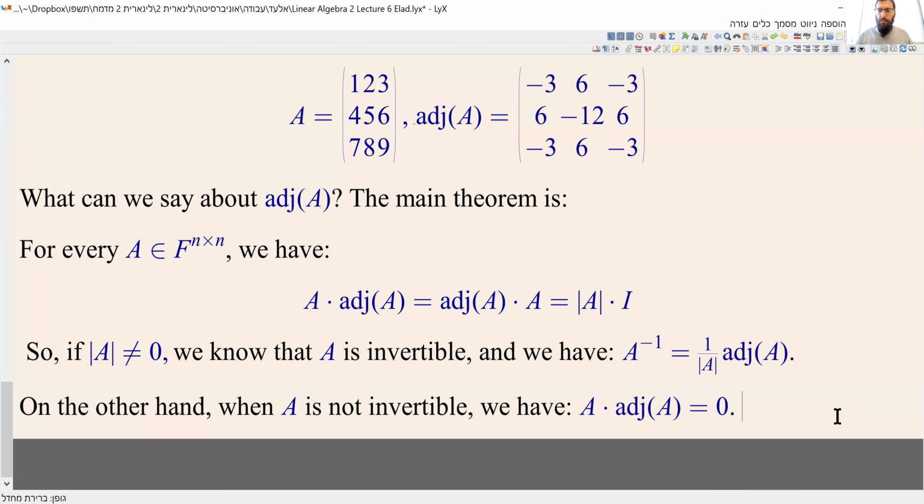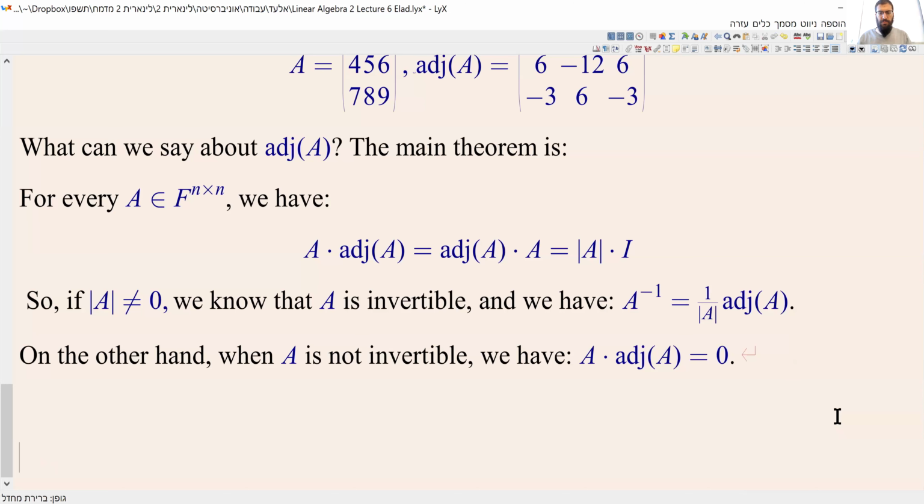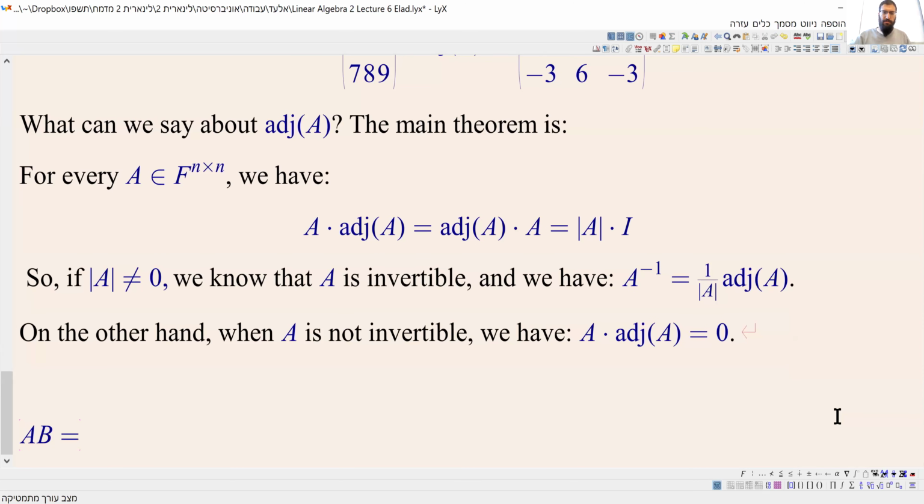When you have two matrices, it's a proposition from the first course: when A multiplied by B is I, just one-sided equation, you can derive from that BA is I as well. One multiplication gives us the other one. But when A multiplied by B, and here B is the adjugate matrix, is 0, it does not necessarily mean that B multiplied by A is 0.